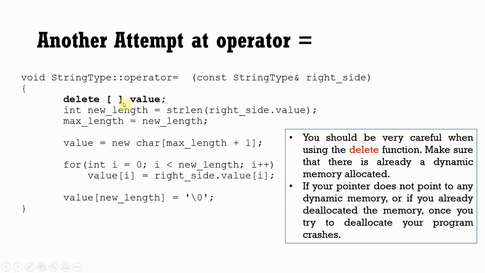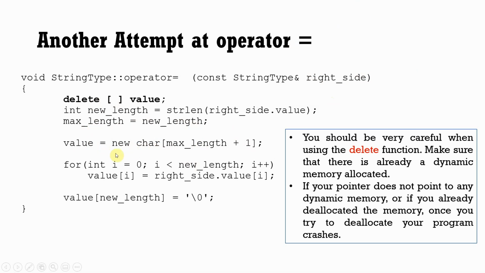Then allocate a new dynamic array for the left hand side object with the same size as the array for the right hand side object.